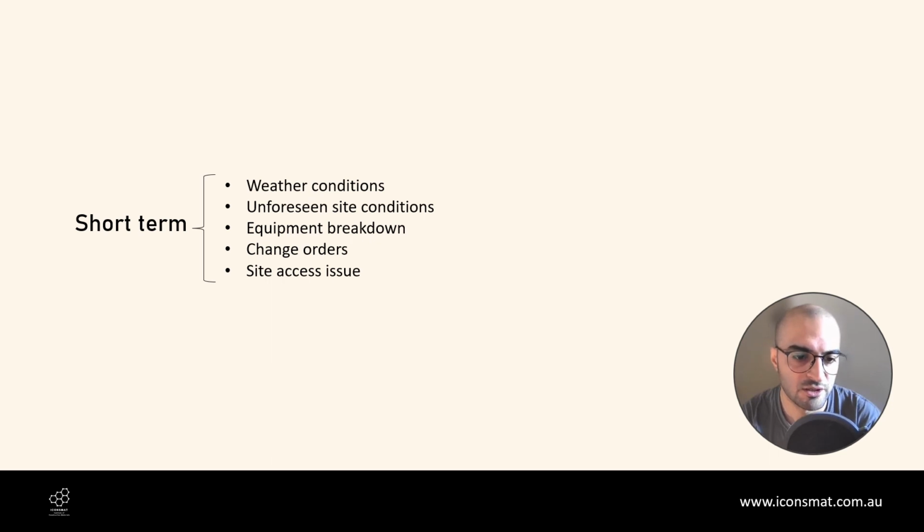Another reason for the short-term delays in construction projects is known to be the site access issues. Let's say we had a rainy day before the starting of the next part of the project, and the entrance of the premises is now muddy.